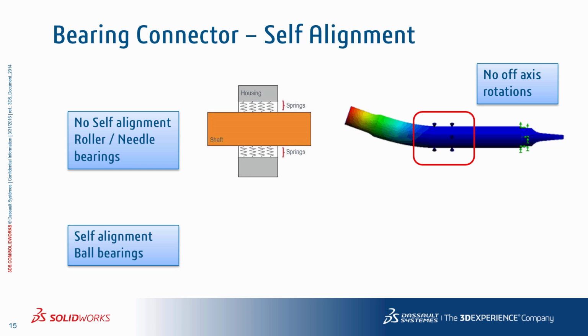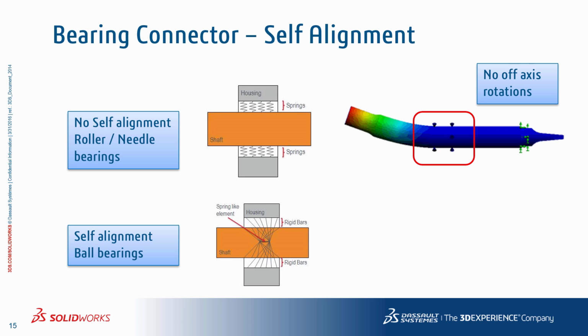On the other hand, a self-aligning bearing allows off-axis rotation of the shaft, and this typically corresponds to a self-aligning ball bearing with two rows of balls and a common concave spheared raceway in the outer ring. Now here the bearing connector is represented using a very short spring-like element that allows a stiffness to be provided in the axial and the lateral directions.